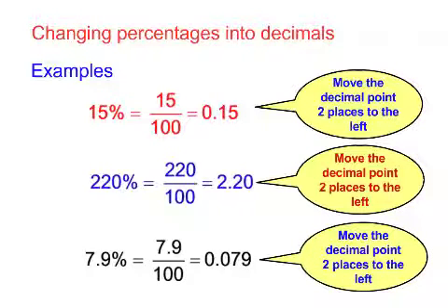Finally, 7.9% is 7.9 divided by 100. And dividing by 100, you simply move the decimal point 2 places to the left. So moving it 2 places to the left leaves us with an answer of 0.079. So 7.9% is 0.079.